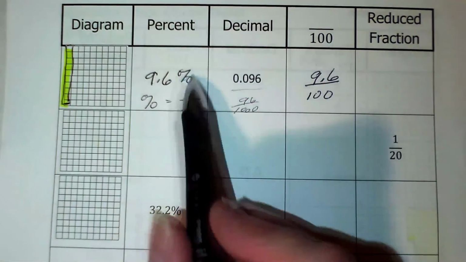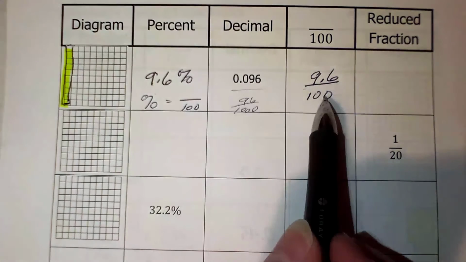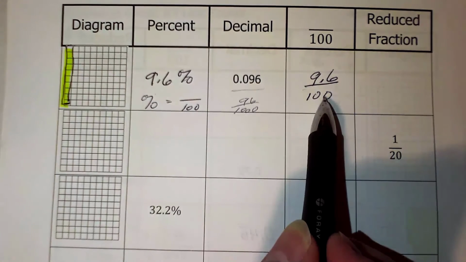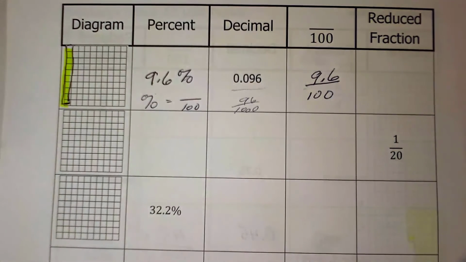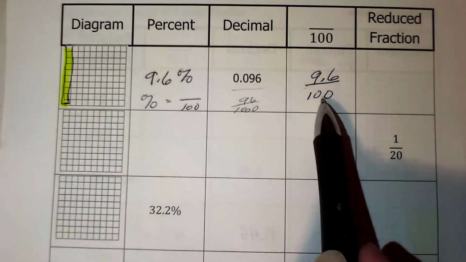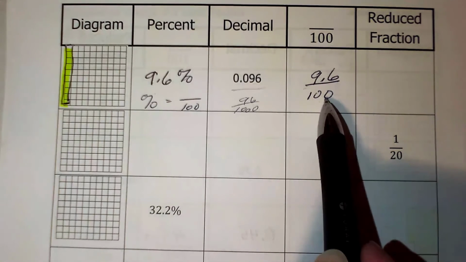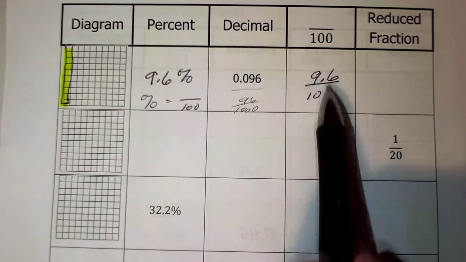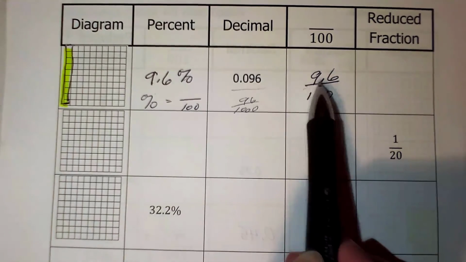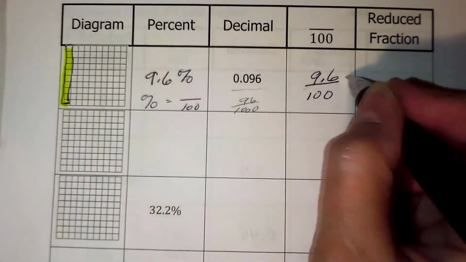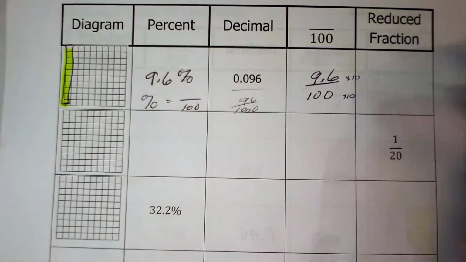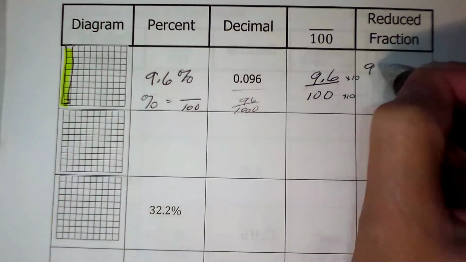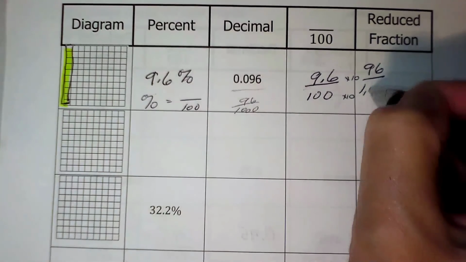So I can replace the percent sign with putting this number over 100 to turn it into a fraction with a denominator of 100. To reduce this fraction, this is where it gets tricky again, because in a reduced fraction, we can't have a decimal over a number. This needs to be a whole number. So I have to multiply both numerator and denominator by 10, which gives me 96 over 1,000.